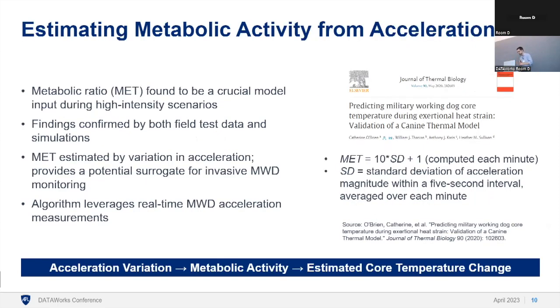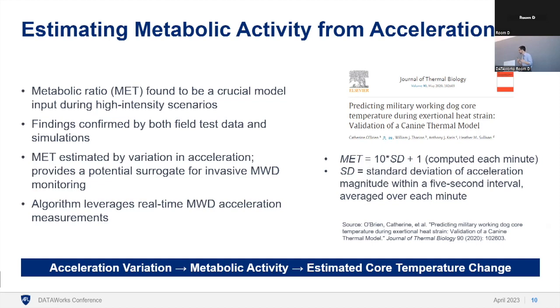Among the inputs to the algorithm, one of the crucial ones is the dog's metabolic activity, especially when they're running around. That's what generates heat on the inside of the dog. As with core temperature, the algorithm doesn't rely on direct measurements of the metabolism, but instead we're estimating it with the variation in the dog's acceleration over time. This is straight from the algorithm that was developed. We're measuring that with an accelerometer on the dog.